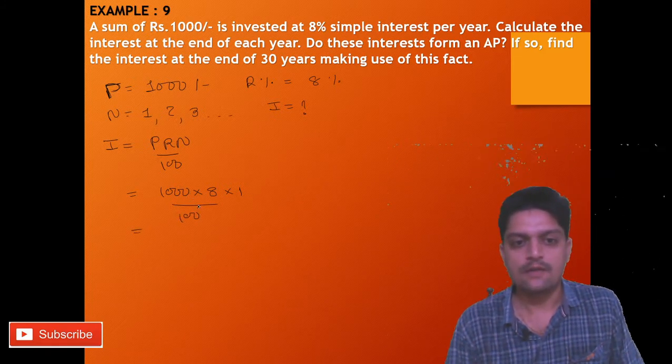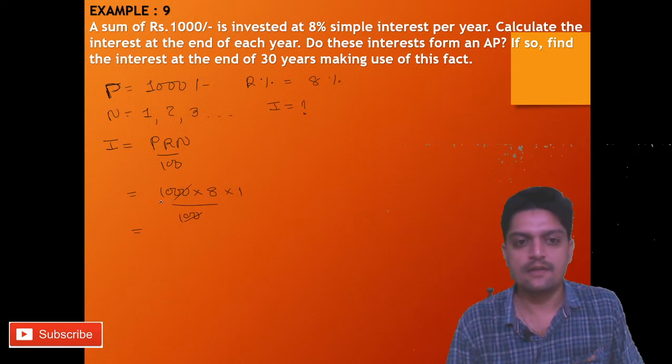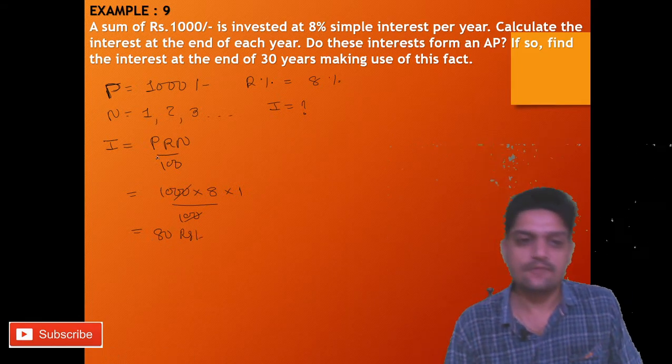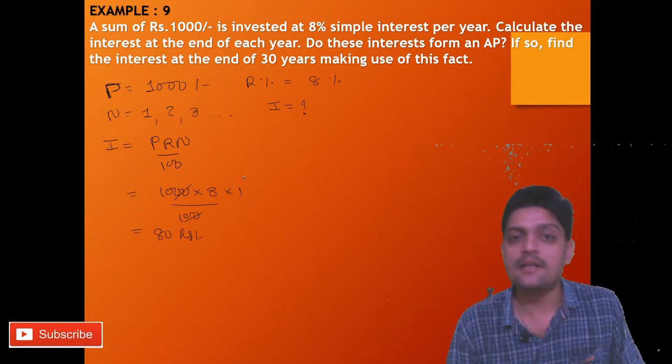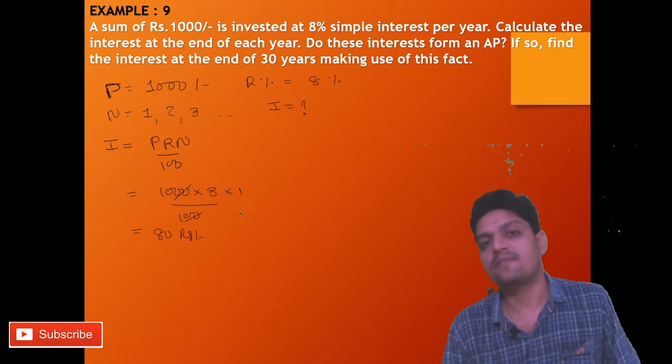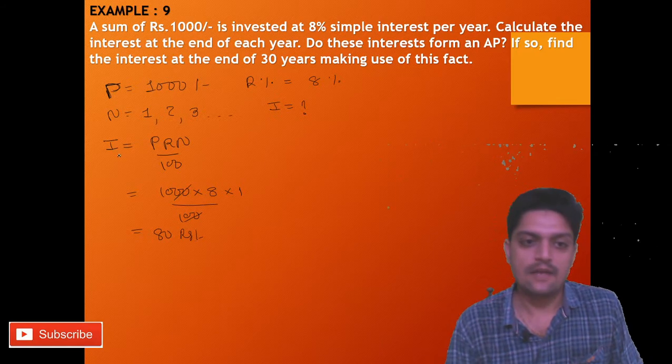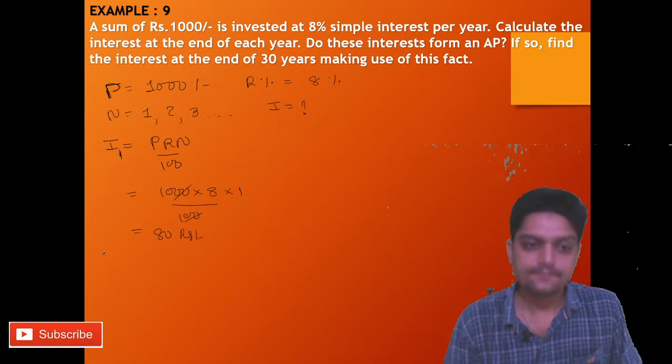Now what will come? See, this 20 and 20 will cut, so 10 into 8 is 80 rupees. So your interest for the first year, why have I written 1 here? Because this is the interest for the first year, so that is 80 rupees. So I will call it I1.